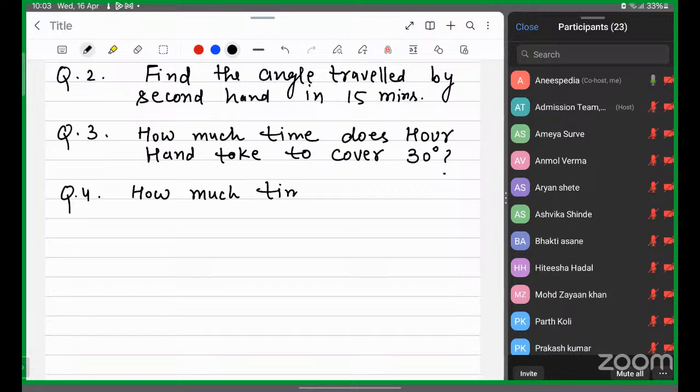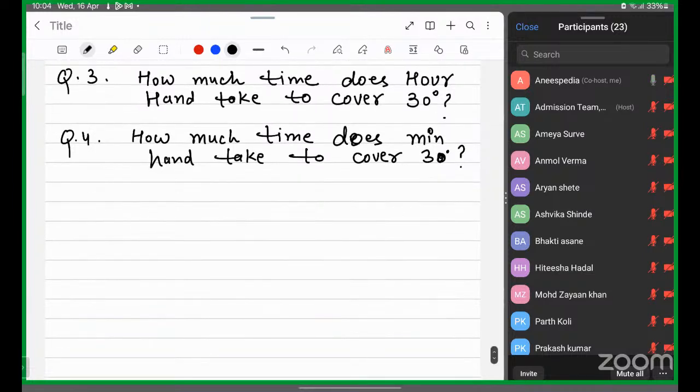How much time does the minute hand take to cover 30 degrees? Any doubt?